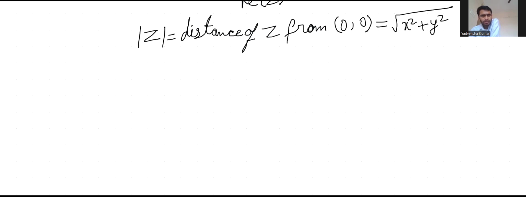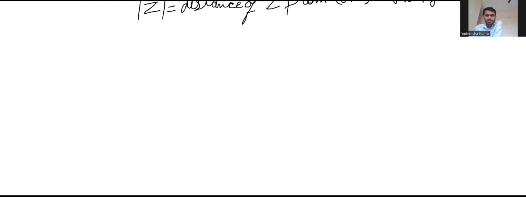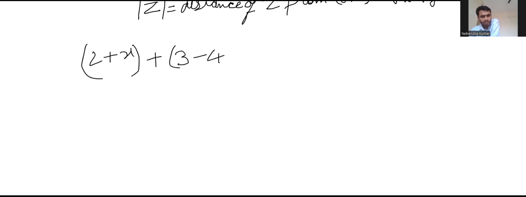we should start some algebraic things. It is very simple. If you are adding 2 plus x as one number, and to this you are adding 3 minus 4x, the result is very simple, that is 5 minus 3x. Similarly, complex number addition takes place.